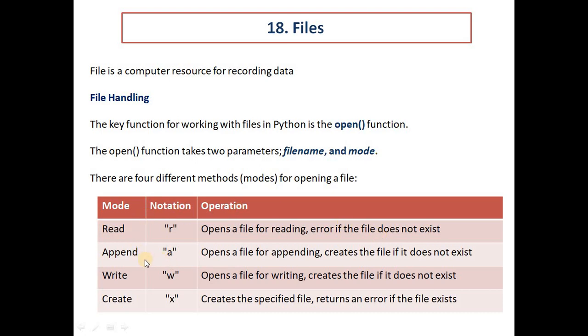Another mode is append, which is indicated by A, which opens a file, and whatever you write will be added at the end of the file. For example, I had a file myfile.txt, and in that I had written "keep social distancing." Only one line I had already written. When I opened it, that line was there.